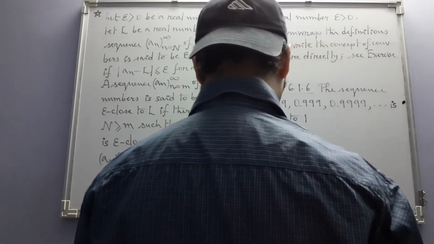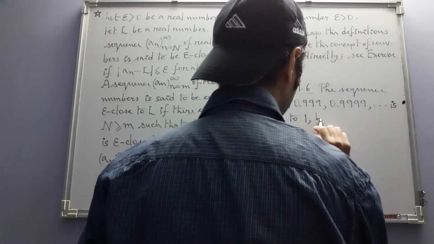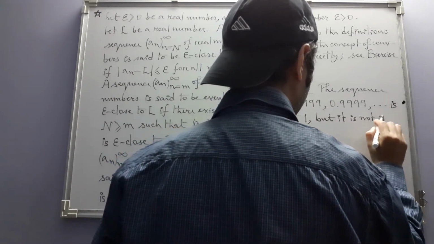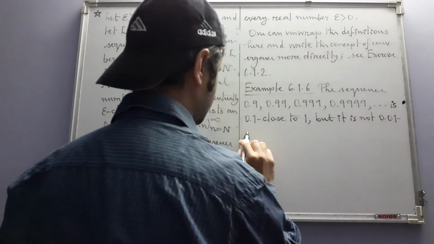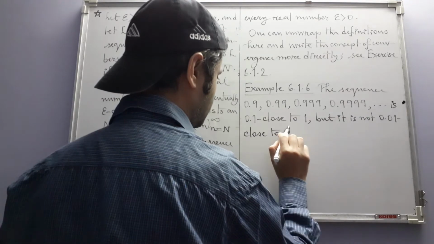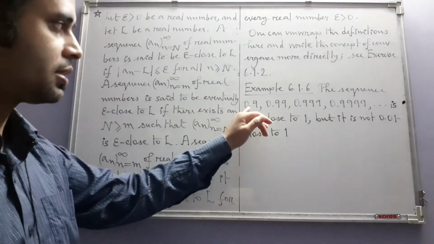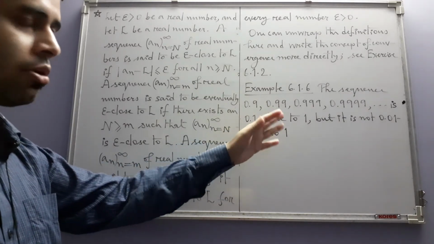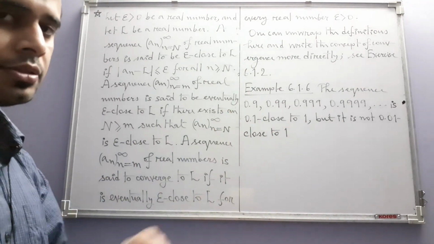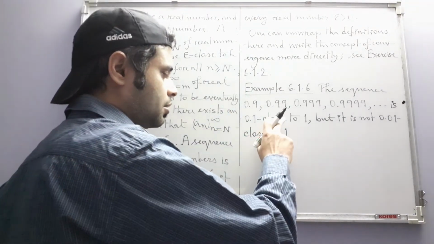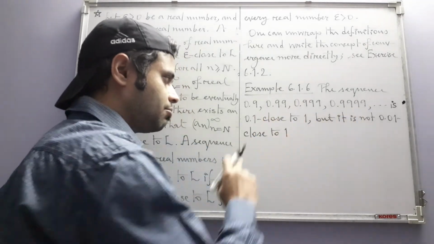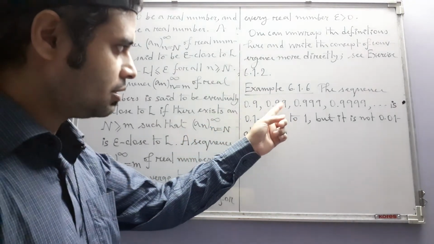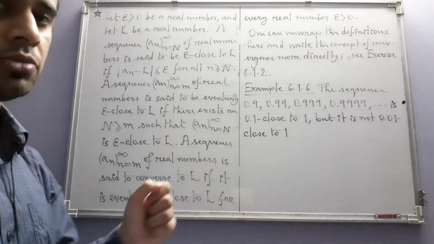However, the sequence is not 0.01 close to 1 because of the first term. The distance between 1 and 0.9 is 0.1, which is not less than 0.01. It's in fact greater than 0.01. However, the distances between the other terms and 1 are all less than or equal to 0.01, and the distance between this term and 1 is in fact exactly equal to 0.01.